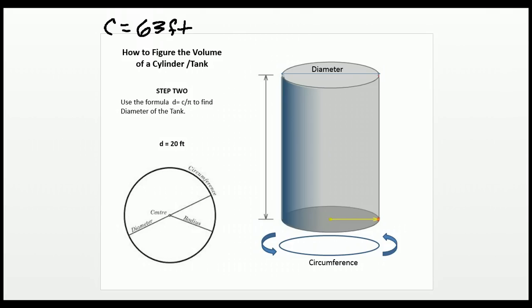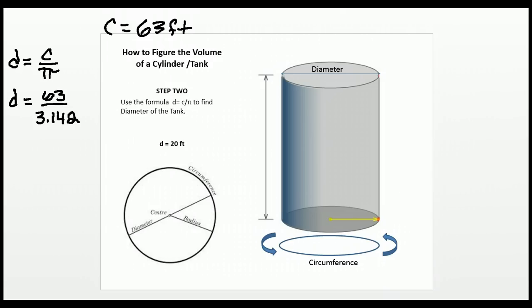The formula is D, or diameter, is equal to C, or circumference, over pi. So D is equal to, C was 63, so we'll do 63 over pi, which is 3.142.